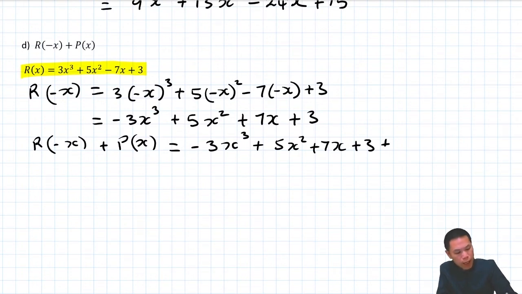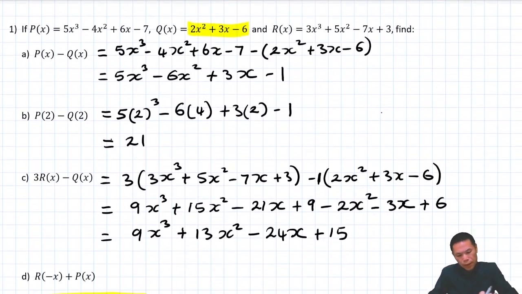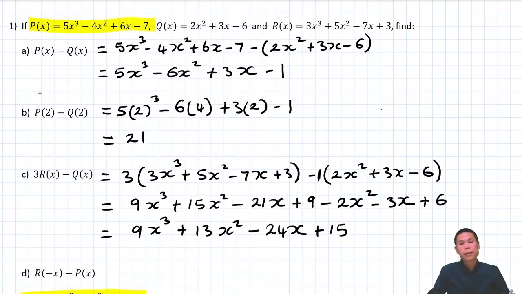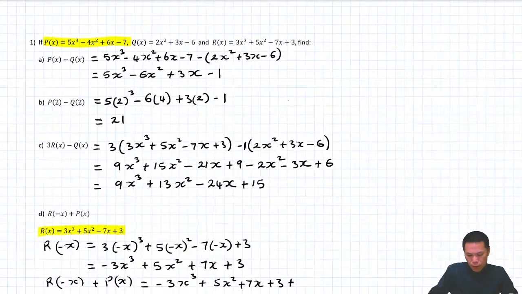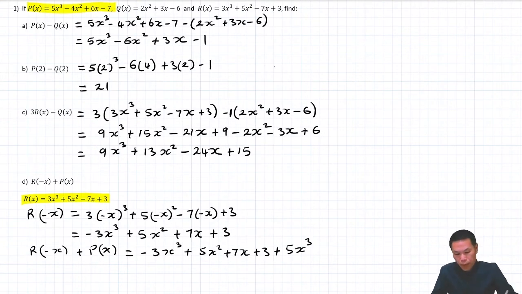So I just plus, now px is up here. So this is p of x, right? So I just need to write this down. So just make it smaller. So which is plus 5x to the power of 3 and minus 4x squared. I just copy the question out. That's all it is. Plus 6x minus 7.